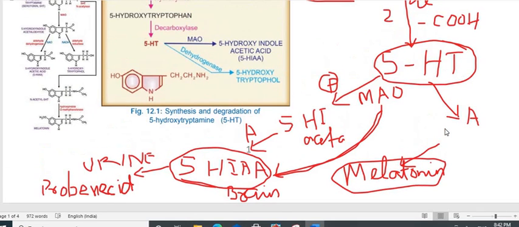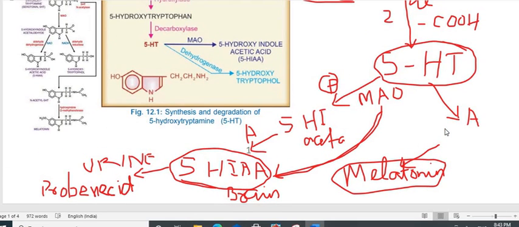In the first step, one enzyme is going to acetylate this 5-HT, and after the acetylation, the product formed is N-acetyl 5-HT. This is formed in the presence of the enzyme 5-HT N-acetylase, or simply N-acetylase. In the second step, there is a methyl transfer.